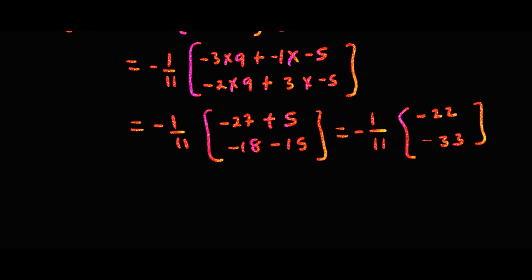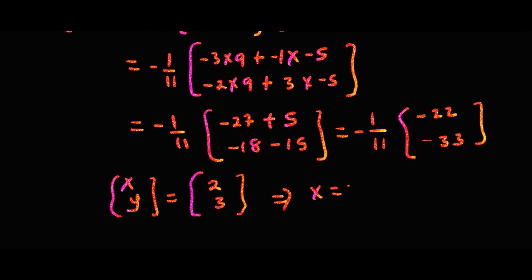So when we multiply through, we find that our matrix x, y is equal to minus 1 over 11 times minus 22, which is 2, and minus 1 over 11 times minus 33, which is 3. This implies that x is equal to 2 and y is equal to 3.